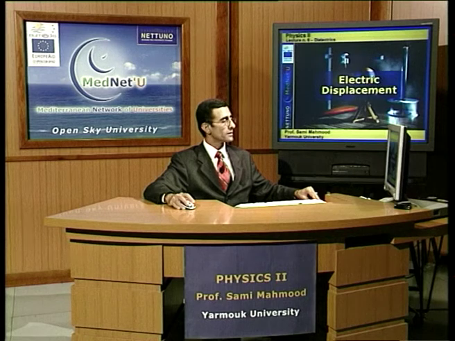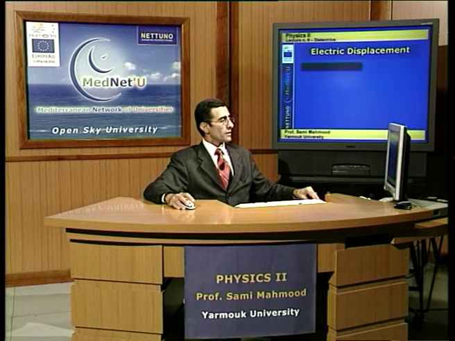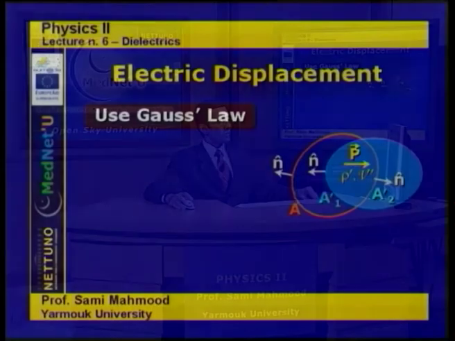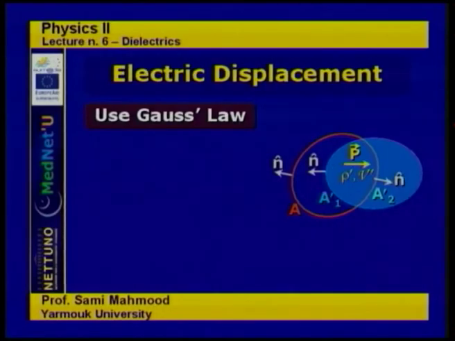Now let's move to the electric displacement as another concept here. If we use Gauss' law, imagine that we have a dielectric and we draw a general Gaussian surface, which is this red surface, that cuts the dielectric somewhere, cutting a volume V prime. We assume that it has a volume charge density rho prime.